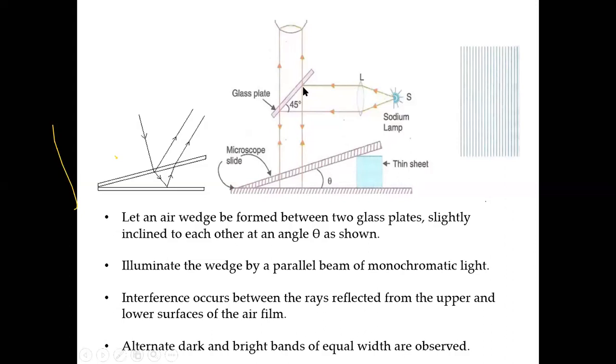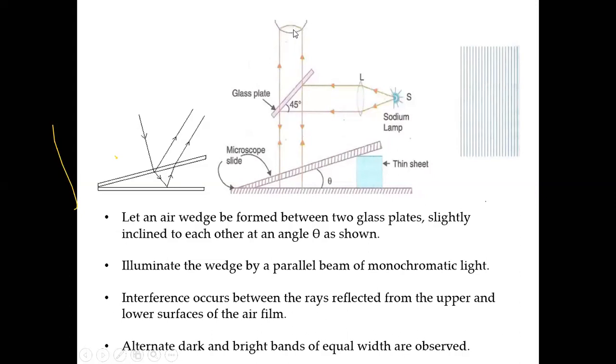So it falls on the glass plate, it turns by 90 degrees and then falls on the air film. Now you may ask me a question here. Why is the glass plate there to turn the light by 90 degrees? Why not place the sodium lamp straight above?